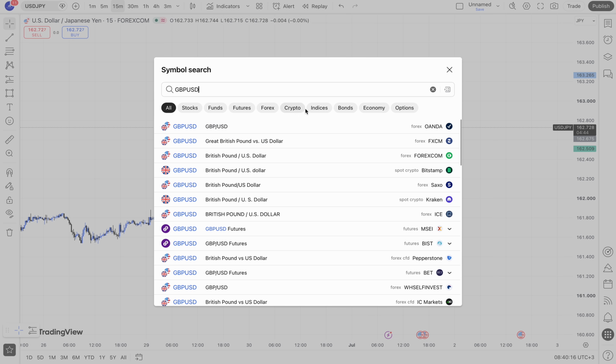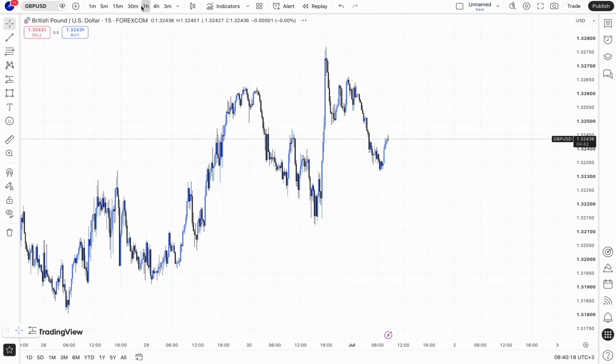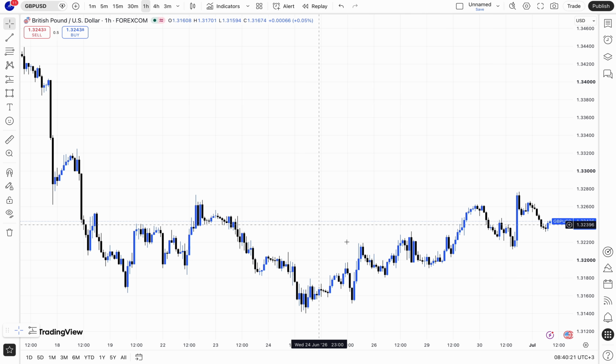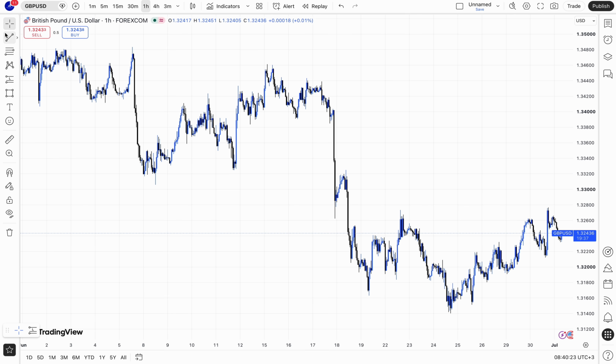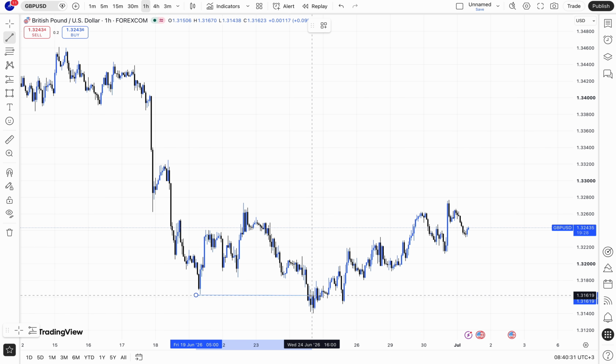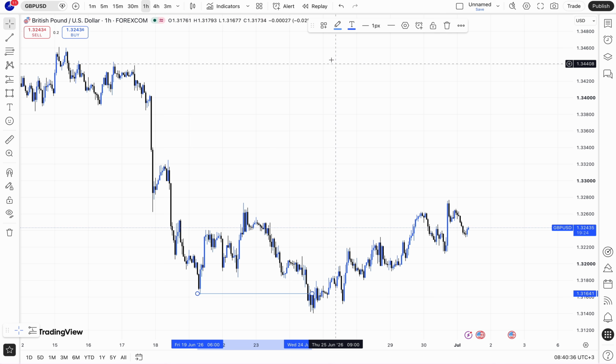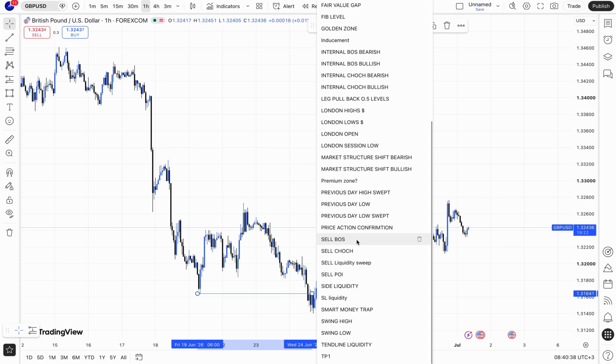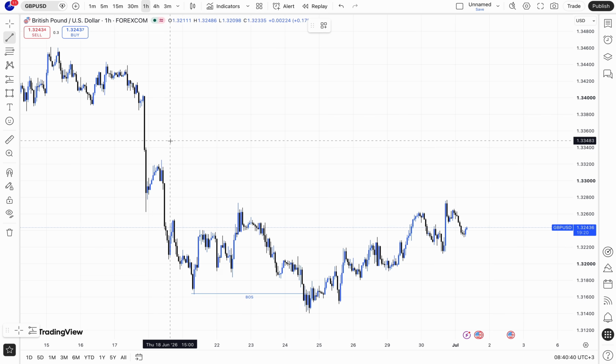Then for GU, very, very simple price action. First and foremost is external market structure, and from here you can see that we had our external break of structure to the downside from here.